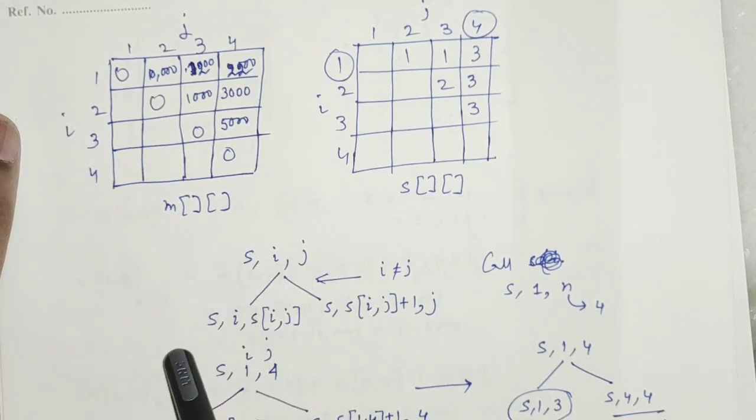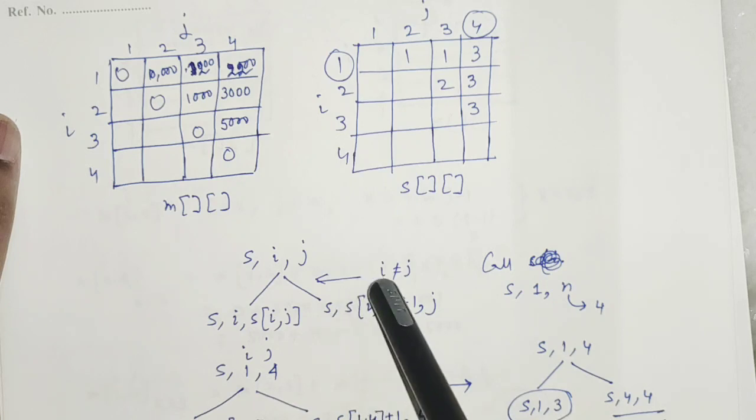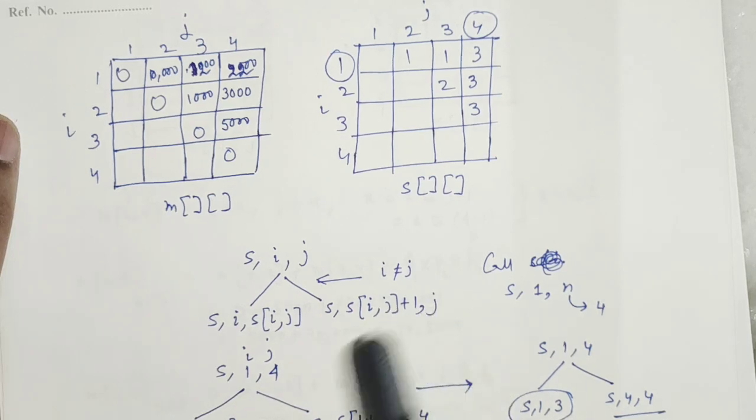One is S, comma, i, comma, S of i,j, that means the entry at the jth column under the ith row. Then the second call will be S, that means you have to use the S table, comma, S of i,j, which you have used here, plus 1, comma, j. It is not j plus 1; it is S of i,j, the entry present at the jth column under the ith row of the S table, plus 1, comma, j.